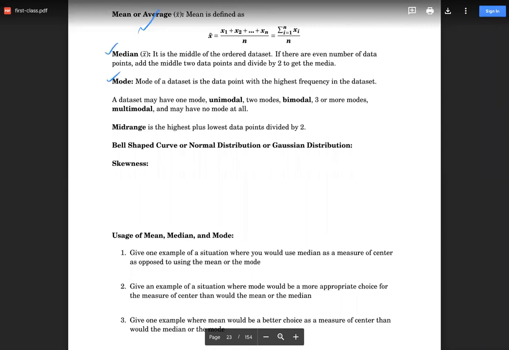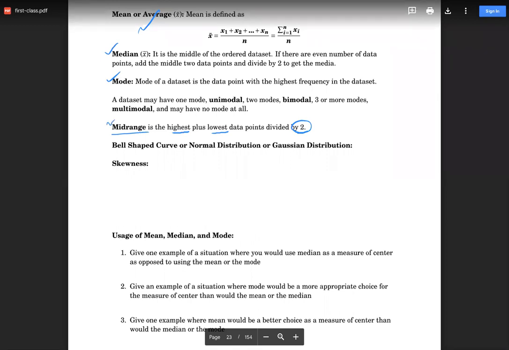Now there is another way you can measure the center. It's called mid-range. It's a quick and easy way of getting an idea. So you take the highest number plus the lowest number and divide it by 2. That gives you an idea of the middle of the data. If your data is uniform, then yes, this is a good measure.